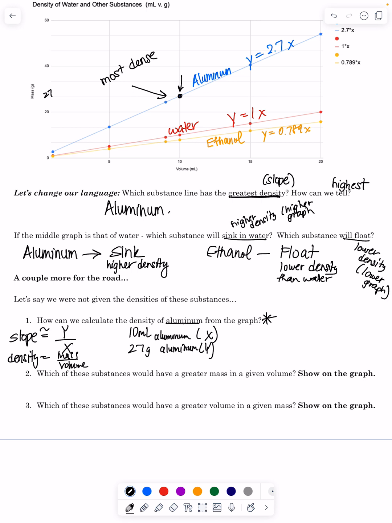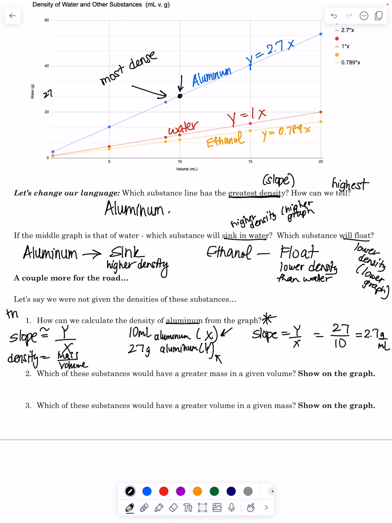That's the Y value. So if I wanted to get the slope, it would be Y divided by X. We could do 27 over 10, 2.7 grams per milliliter.